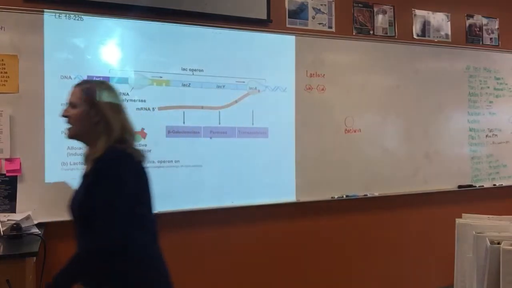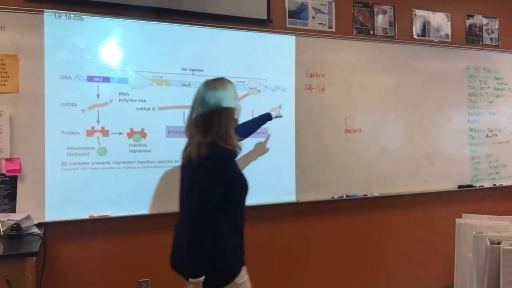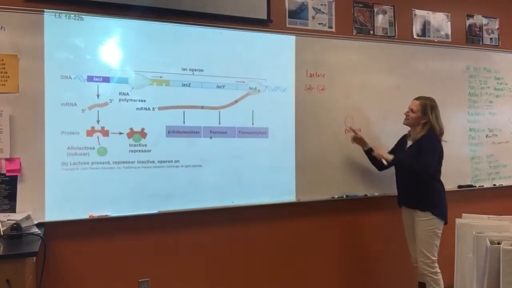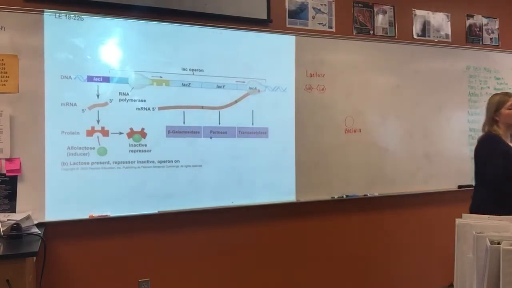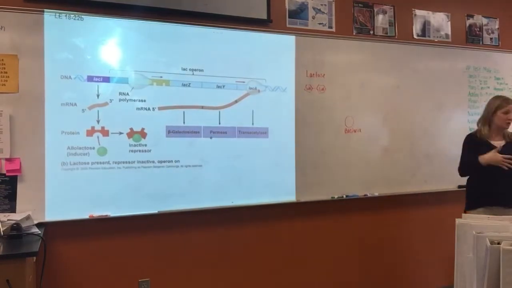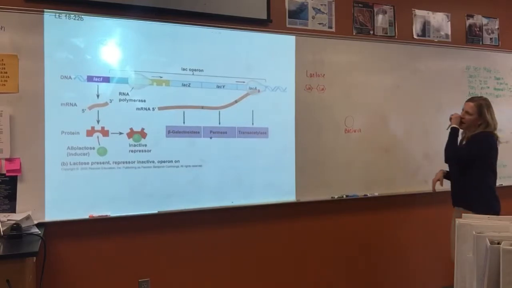The thing is, if the bacteria has choices, lactose, if it's digested, we can break it down into glucose and galactose. What does the bacteria use that for? For energy, like cellular respiration and so on.